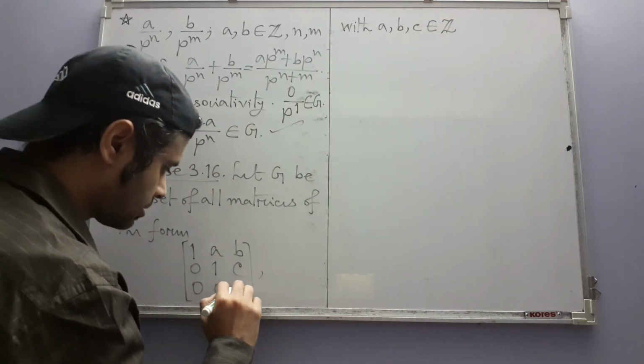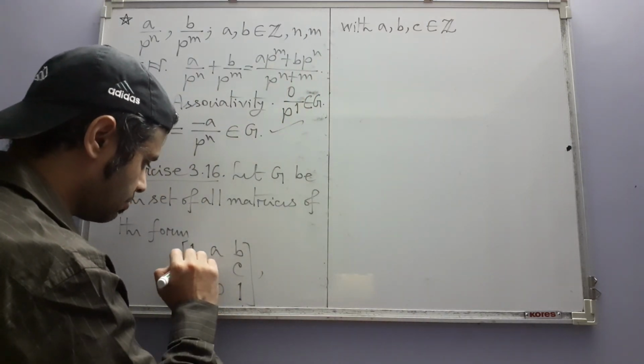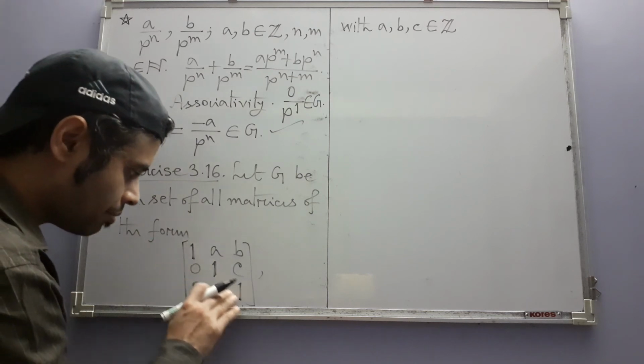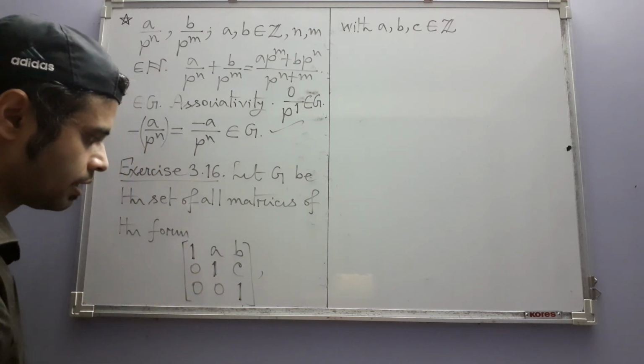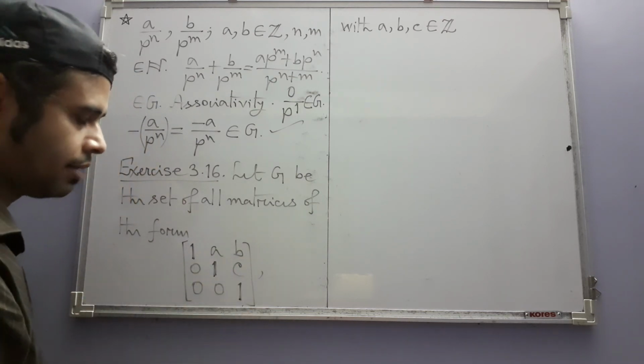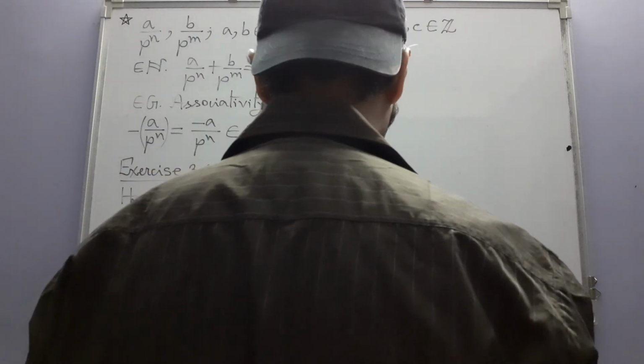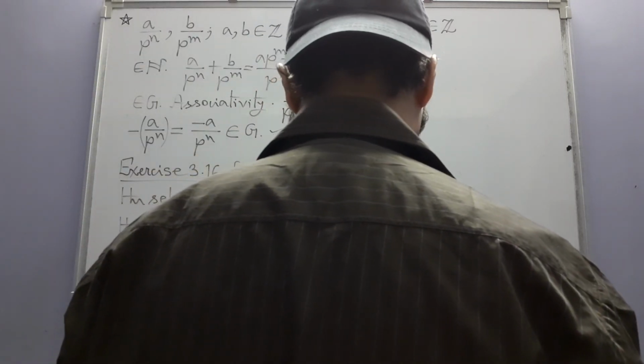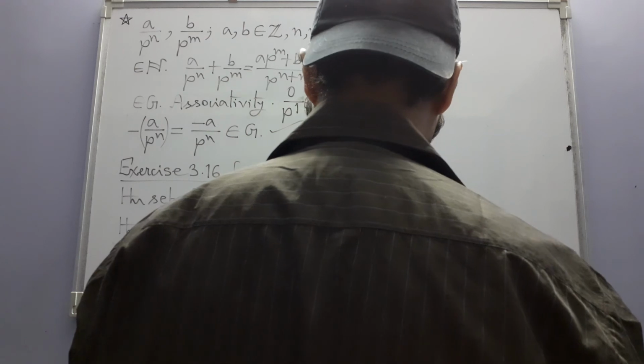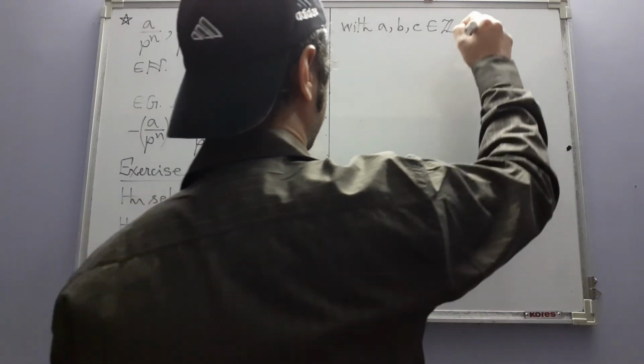I hope you can see this. This is 1. Below the main diagonal, all the entries are 0. Above the main diagonal, we have other entries which are integers. Show that G is a group under matrix multiplication.